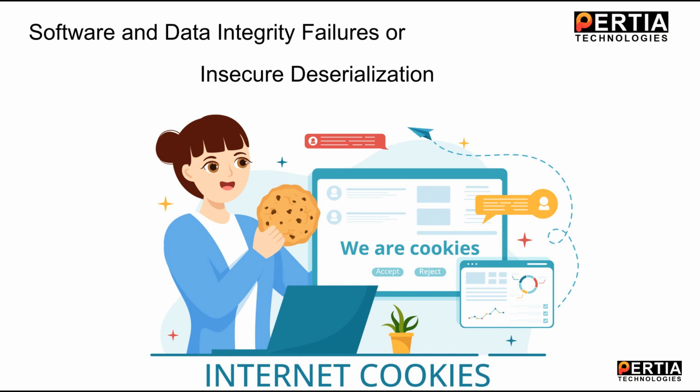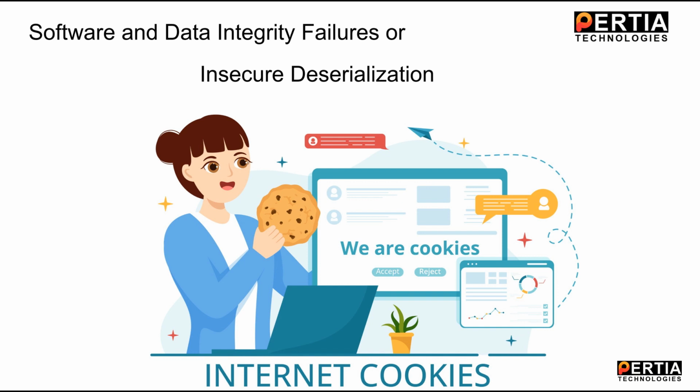To understand this vulnerability, let's use a simple example with cookies. Imagine a web application that receives serialized data from a user, without proper validation. If an attacker sends malicious serialized data, it could execute harmful code on the server.